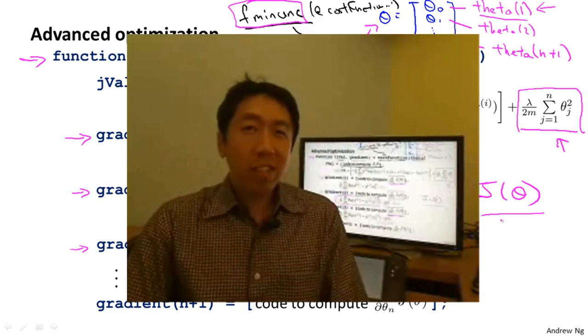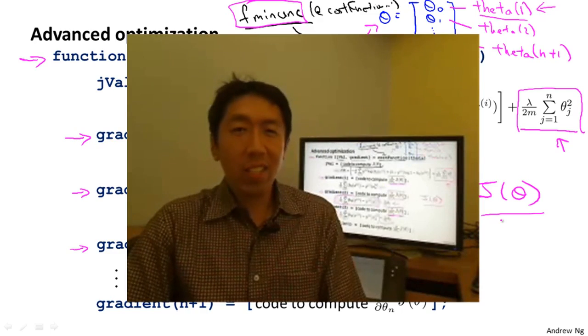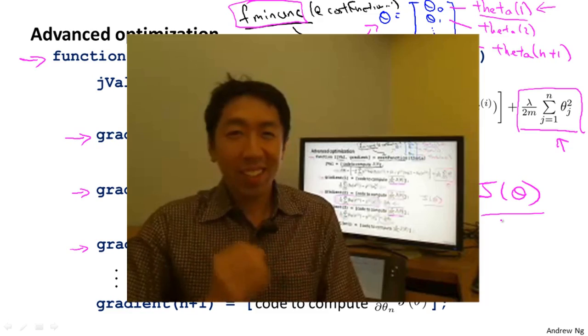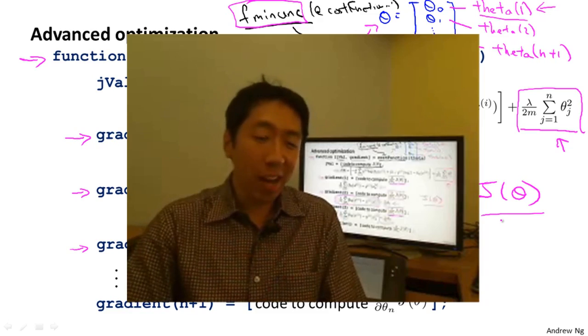When I walk around Silicon Valley, where I live, there are a lot of engineers who are frankly making a ton of money for their companies using machine learning algorithms.